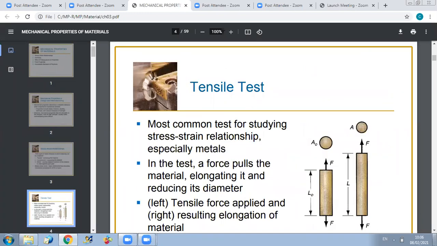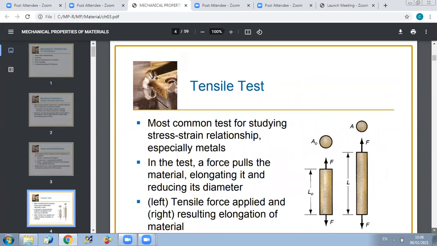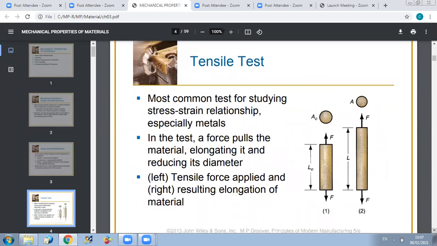Now, to start with the tensile test, it's a very common test for studying stress-strain relationships, especially for metals, and it consists of taking a specimen of an initial length L0. So here we can see the initial specimen, and we apply forces at the two ends of the specimen, causing it to stretch.